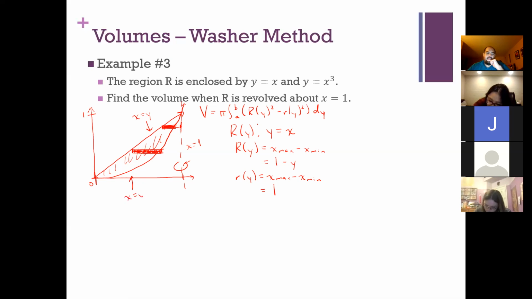I took the cube root of both sides from y equals x to the 3rd. Yes, remember that when we do this integral, all of the independent variables have to be y. So our x min here is going to come from this curve, so I want it to be inverted.